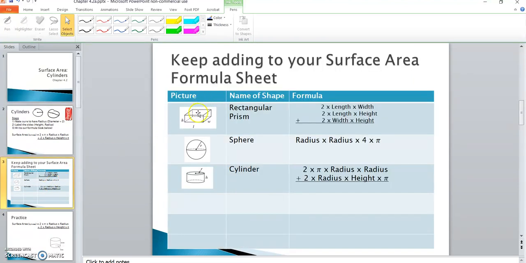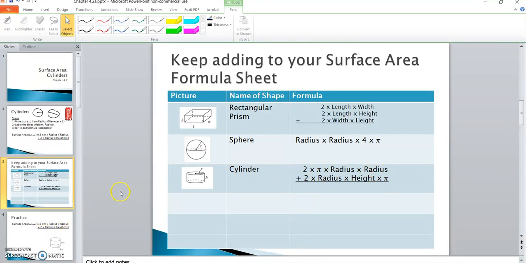So we're just going to keep adding to our surface area formula sheet, and a third line is our cylinder. So it's 2 times pi, which is what we found in the last video, times radius squared, and 2 times radius times height times pi, and then we add up the 2 totals.